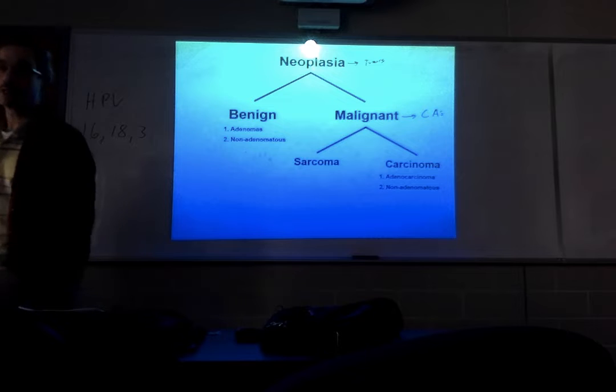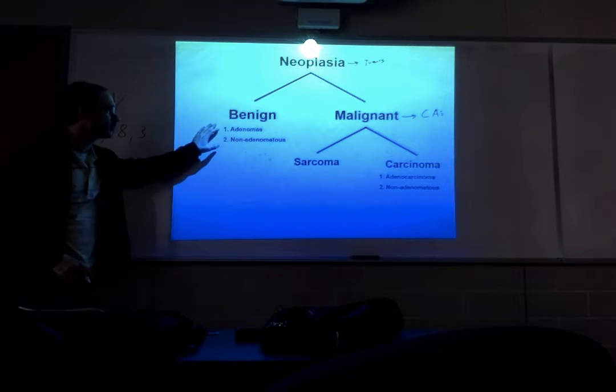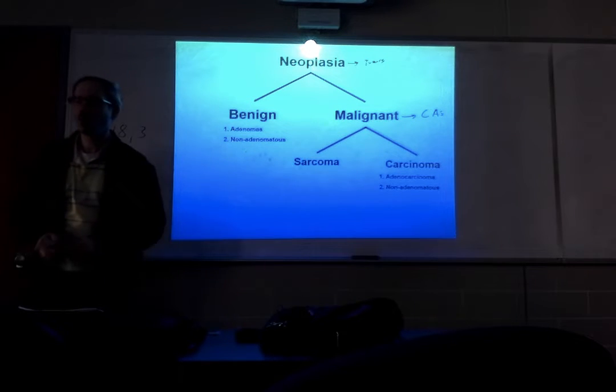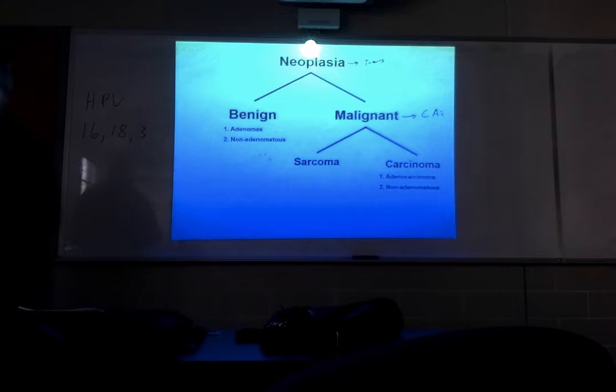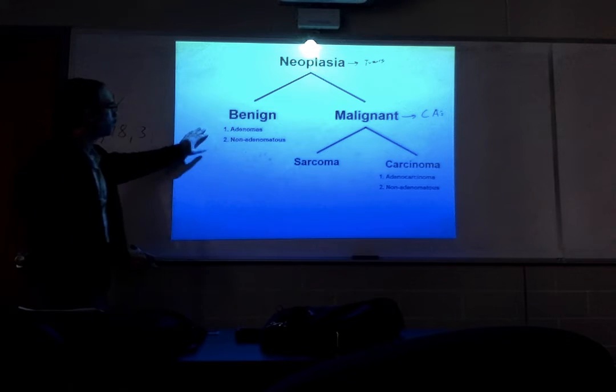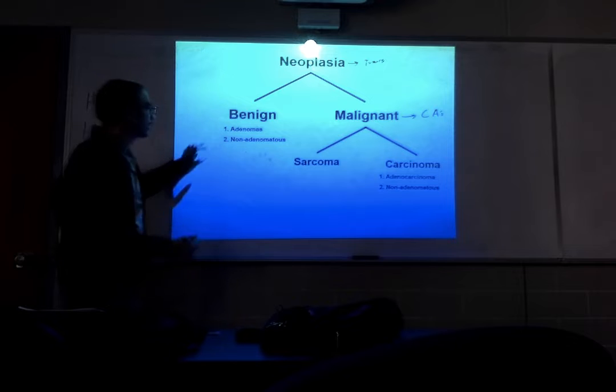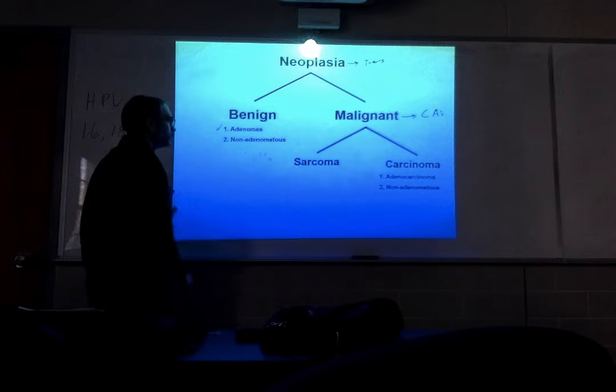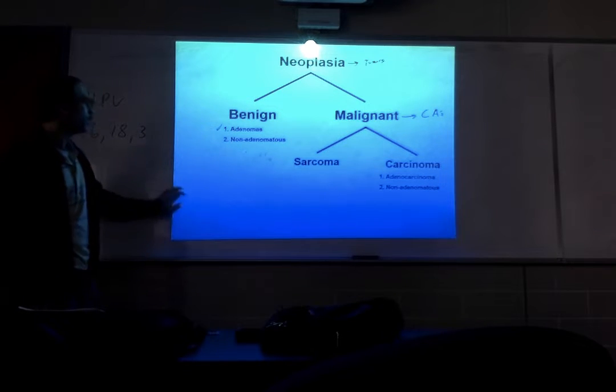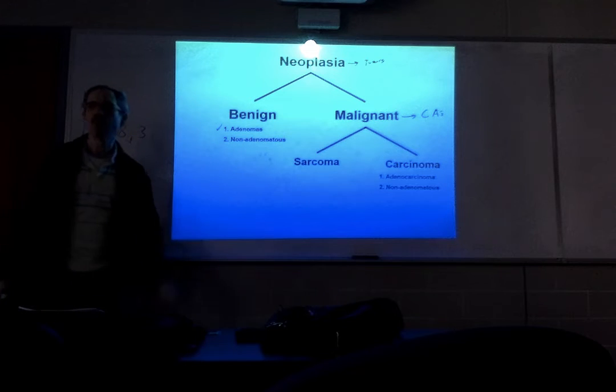We've also seen that the benign neoplasms sometimes will create these glandular structures as they grow, and some other benign neoplasms won't make glands as they grow. Well, the benign neoplasms that make glands as they grow, these are called adenomas. We've seen follicular cell adenoma. We've also seen something like a fibroma.